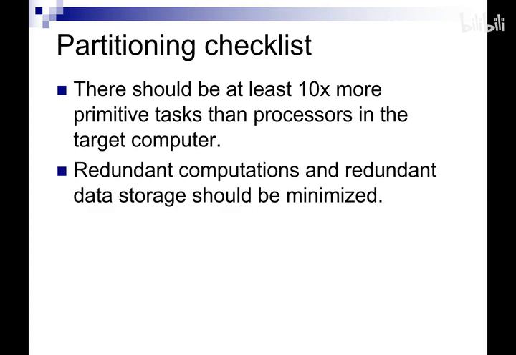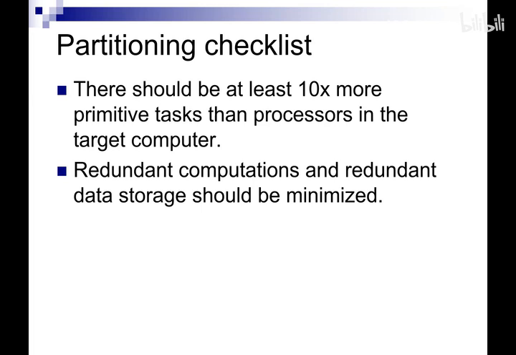Now also when you partition the tasks, sometimes you might want to do redundant computations. This would mean that, for example, if two processes both need a certain value, one thing you can do is have the first process compute that value and then later send it to the second process, but that requires communication. Something else you can do is just have both processes compute that value.